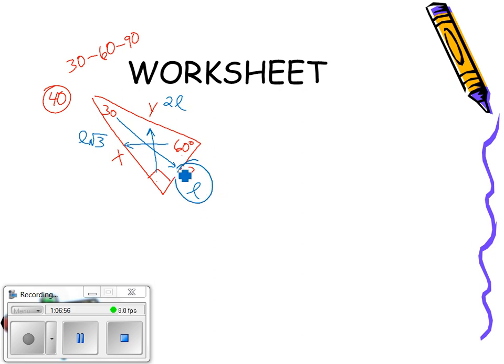When we look over here, they tell us this one this time, so we know that L equals 8. Well, if L equals 8, then all we got to do on these other two sides is plug in 8 wherever we see L. Okay. So we plug in 8 for L here.